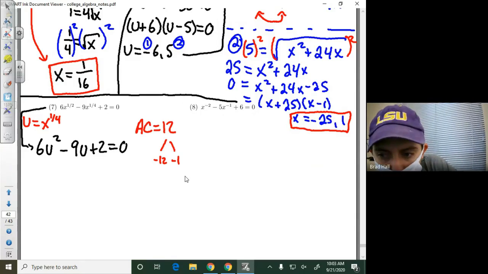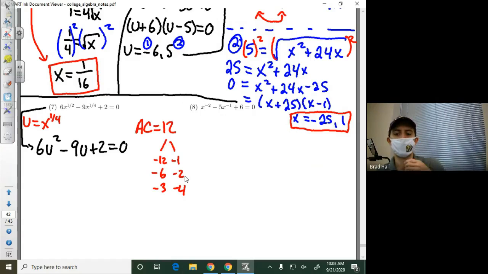But if you go through all the combinations, you will not find one. In other words, this is not factorable. The AC method will not work here, so you have to use the quadratic formula.